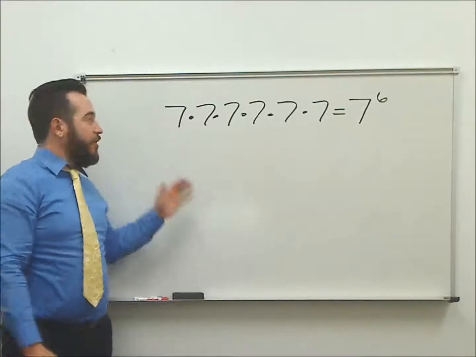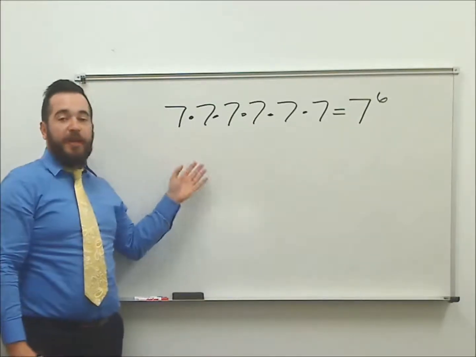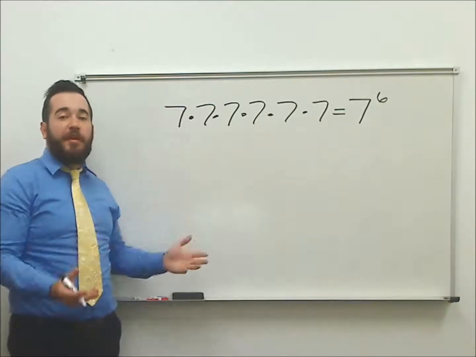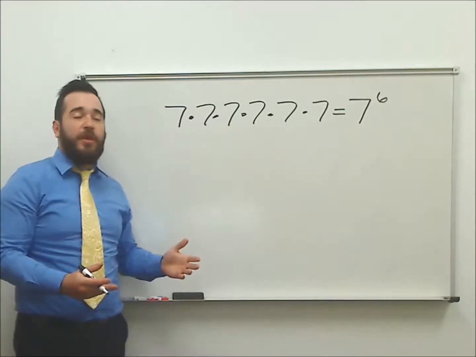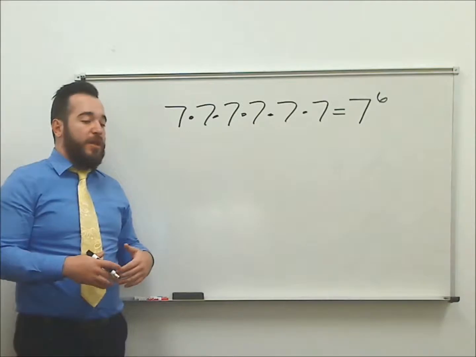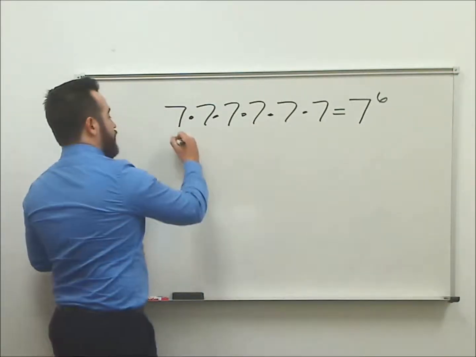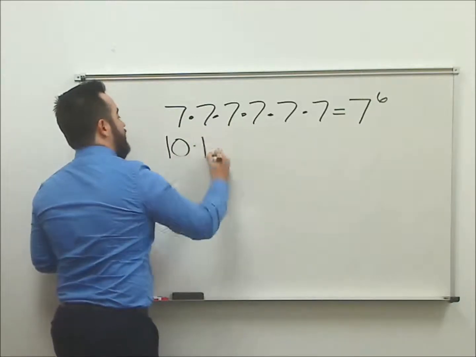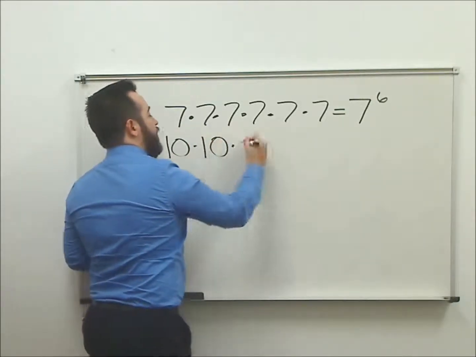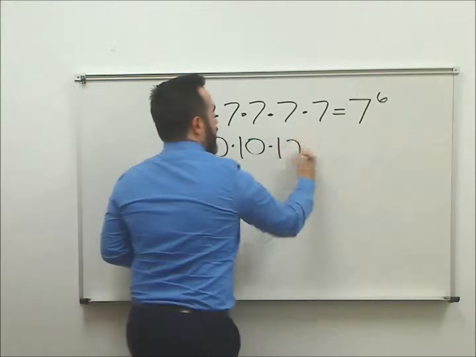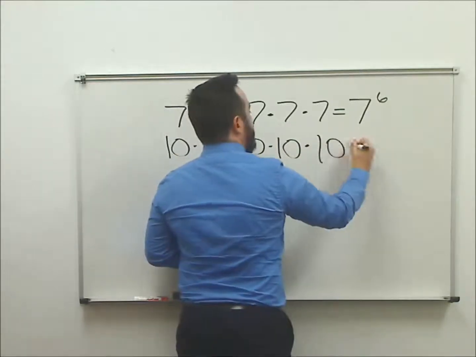You can tell by how long it took me to both write out and say the left-hand side that exponents save us a lot of time when we're trying to write things down. Let's say we wanted 10 to the 5th. That'd be 10 times 10 times 10 times 10 times 10.